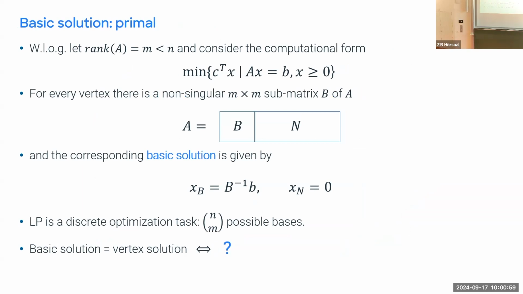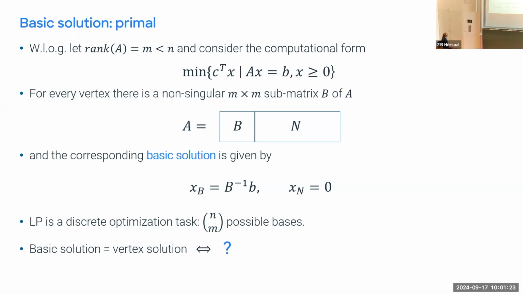Now, geometrically, it's very clear to us what a vertex is, but of course, the computer does not have a geometrical way of working with things, so it needs linear algebra. And so the important concept for implementing the simplex idea in a computer is the concept of basic solutions. How do I now compute and represent a vertex?